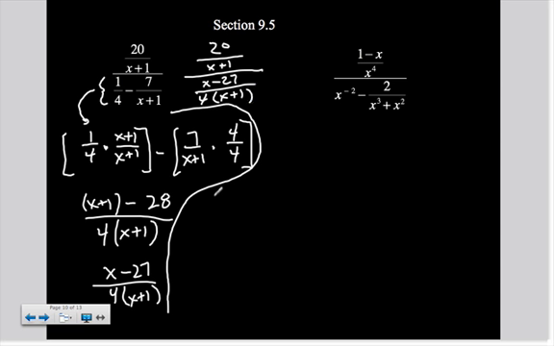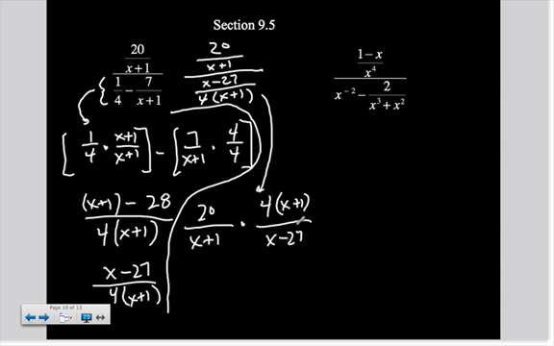Okay, when I invert and multiply, I'm going to bring this down over here. I have 20 over x plus 1 times 4 times x plus 1 over x minus 27. I inverted this fraction. I'm going to cancel common factors. And then I'm going to multiply, and I get 80 over x minus 27.